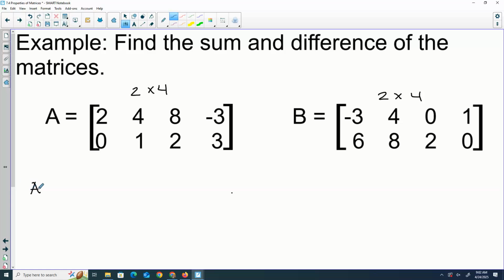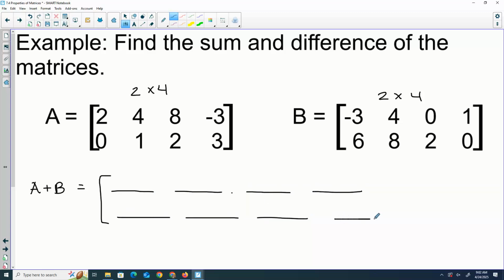So when we say A plus B, your answer is going to be the same size. It's going to have 2 rows and 4 columns. So there are 8 numbers we have to get here. And to get them, you might be able to guess.